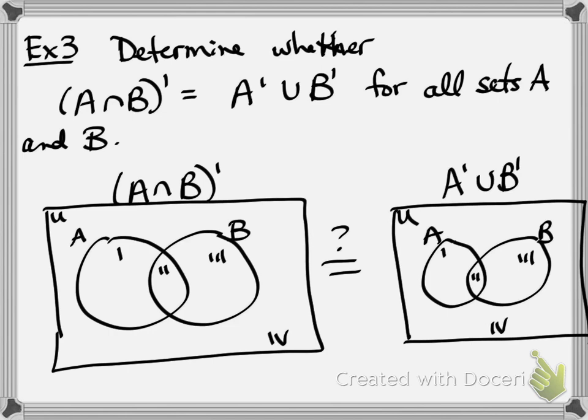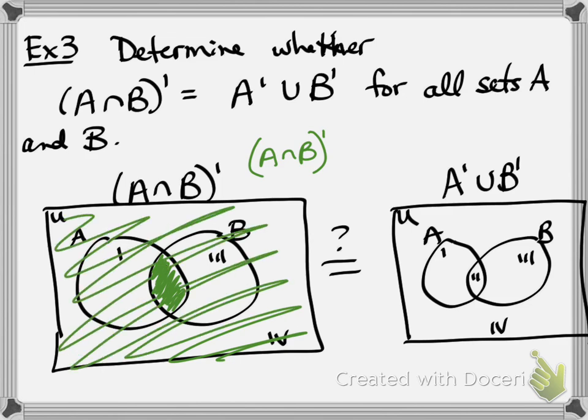So I sort of want to think about what A intersect B looks like. Well, A intersect B is here in this intersection, right? It's region 2. It's where they overlap. It's what they have in common. So if we want the complement of that, we want everything in the universal set that's not this.